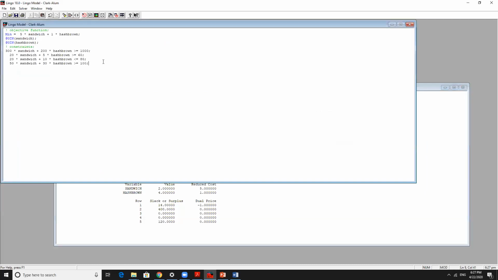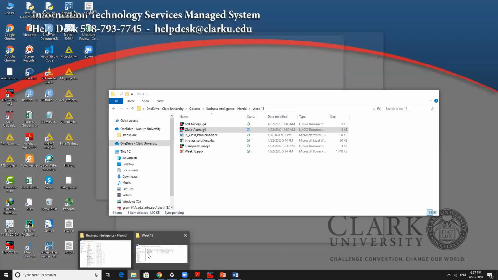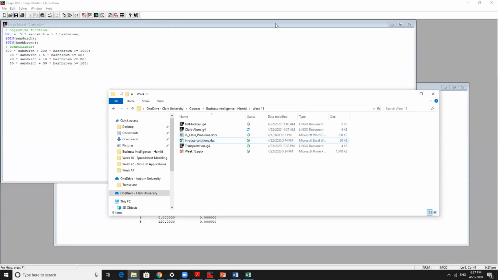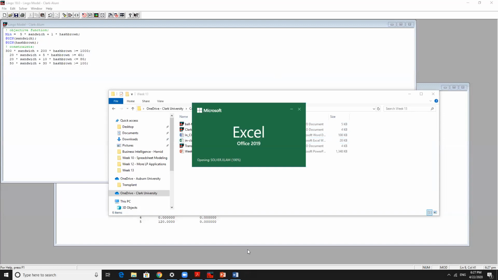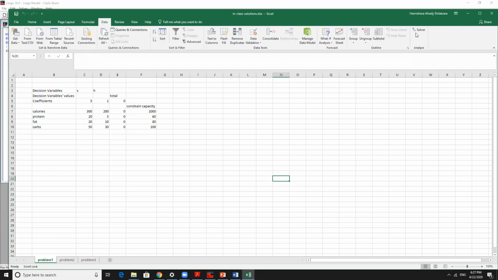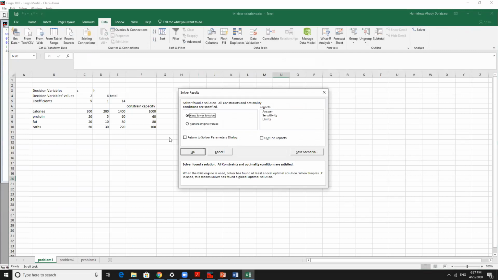So let's see how to solve it in Solver. You already had the solution. Let me just open this Excel solver. I go to data, solve. As you see, we got exactly the same answer.